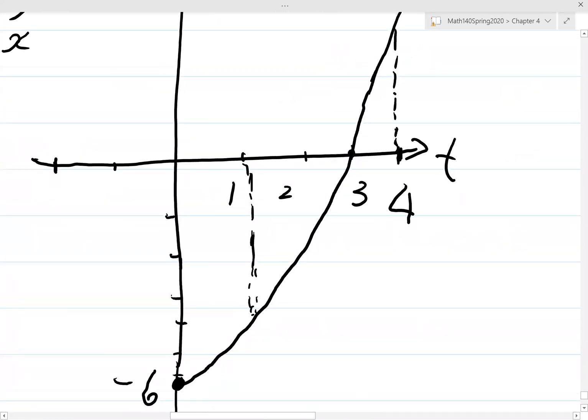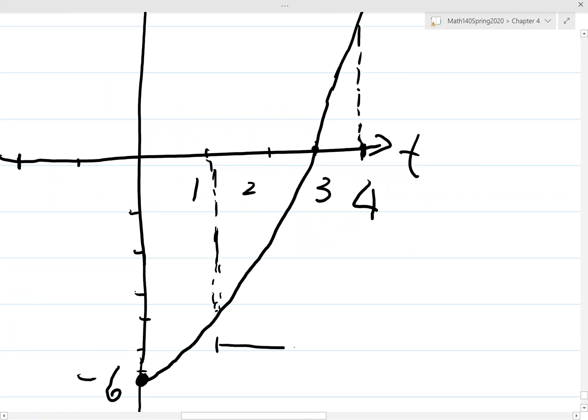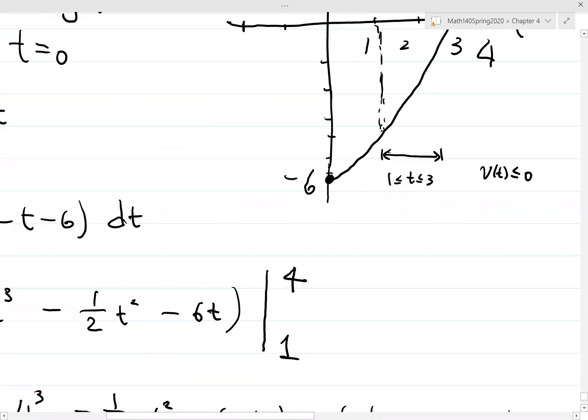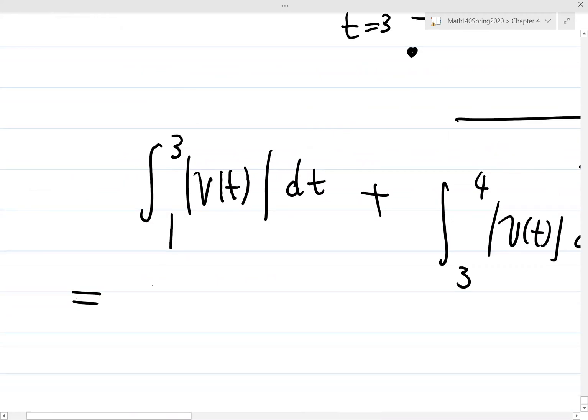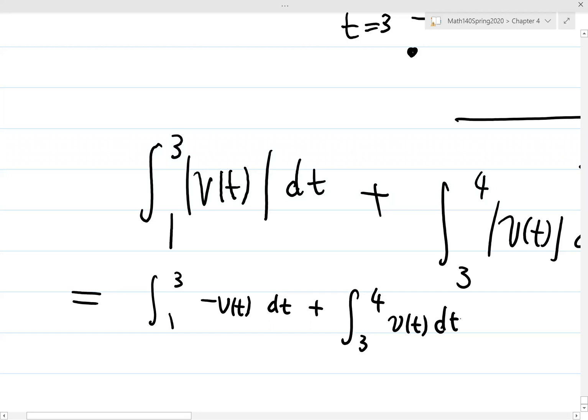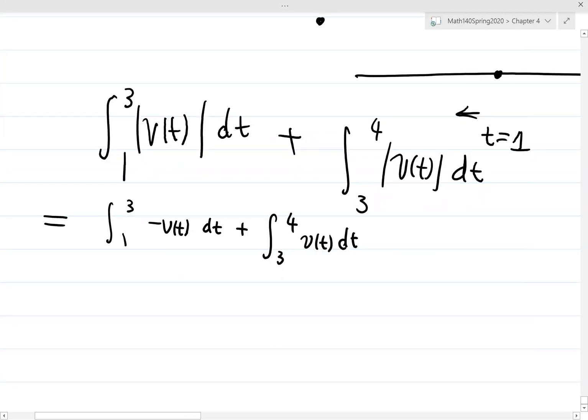Velocity v(t) is negative, so it's in the negative direction. Then the absolute value of velocity should be negative v(t). Now velocity from 3 to 4 is positive, so plus v(t). We take off this absolute value. Then we plug in.